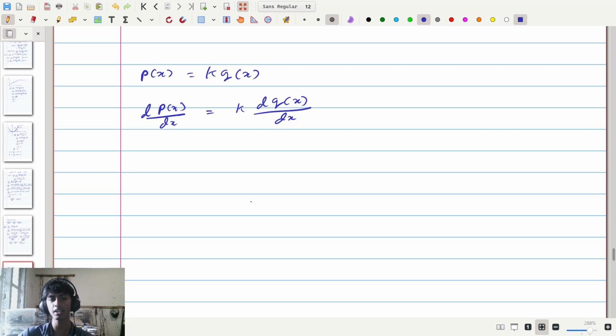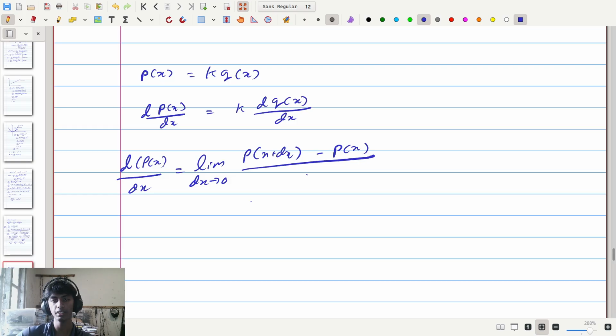the derivative. On the left hand side, d of p(x) by dx is the limit as dx approaches 0 of p of x plus dx minus p of x, divided by dx.